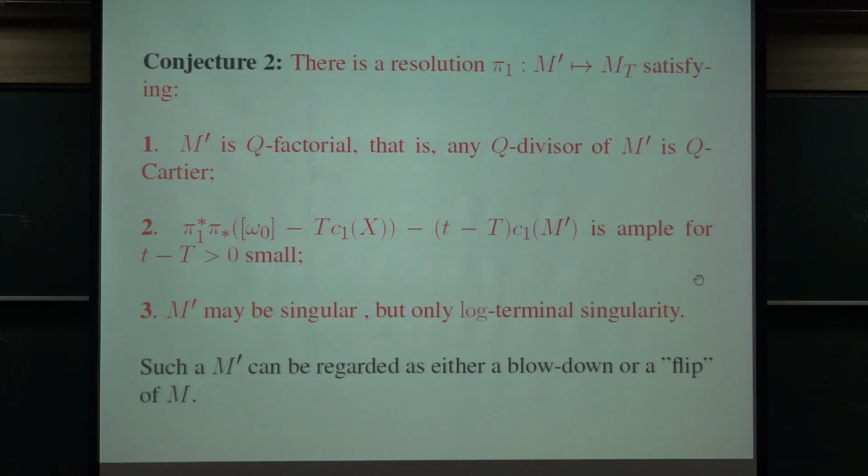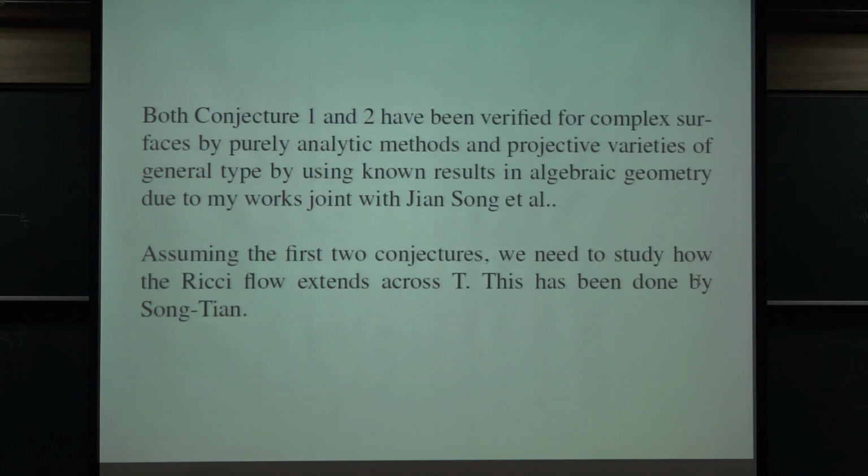Once you assume this, and it has been verified, as I said, for complex surfaces and projective manifolds of general type by using known results in algebraic geometry, that's in my joint papers in Inventiones with Jian Song.